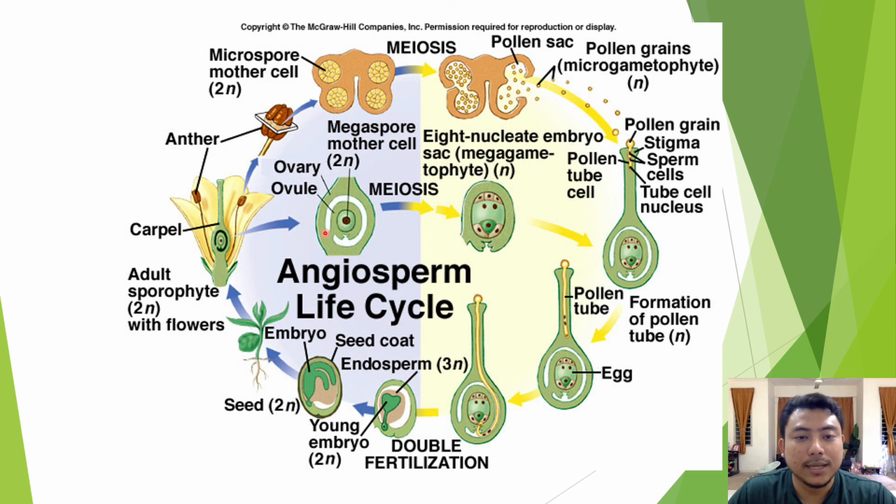So this diagram shows you the angiosperm life cycle. Angiosperm is the tumbuhan berbunga. So we can start from this part over here. We have the male part developing, and then we have the female part developing until it matures.